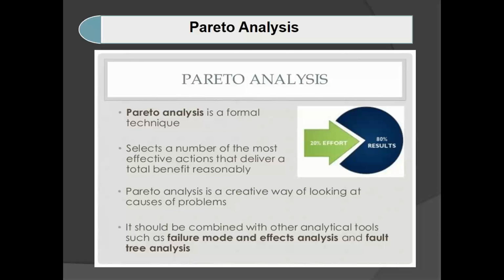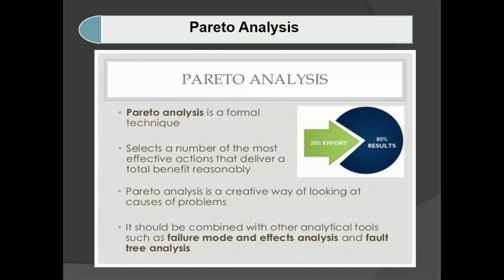Now what does the 80/20 rule mean? 80% of the problems are going to occur because of 20% of common reasons. Whatever problems you have in your particular project, 80% of those problems will be due to 20% of the common reasons.